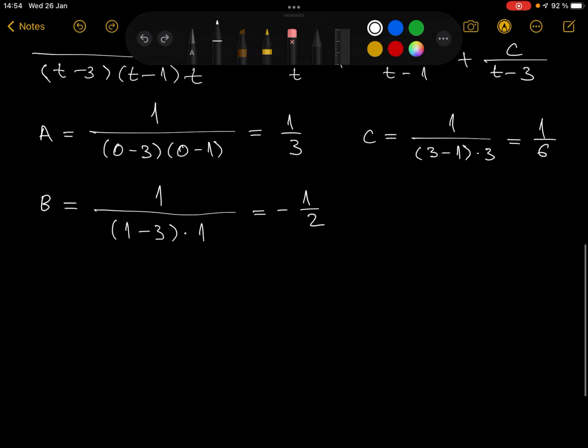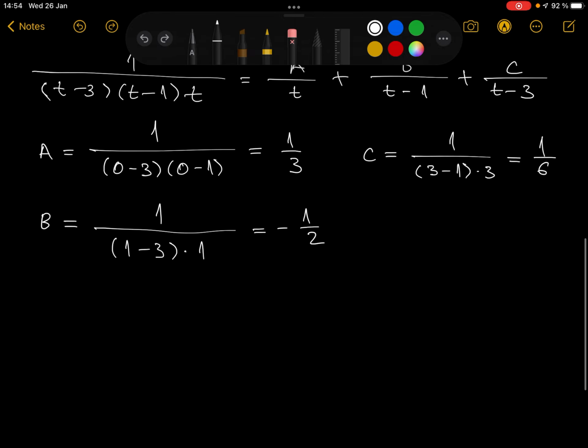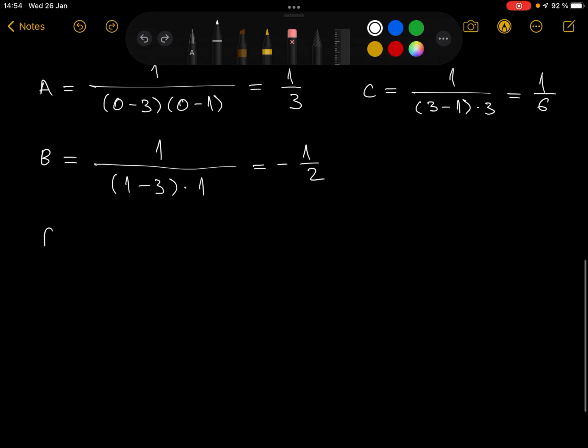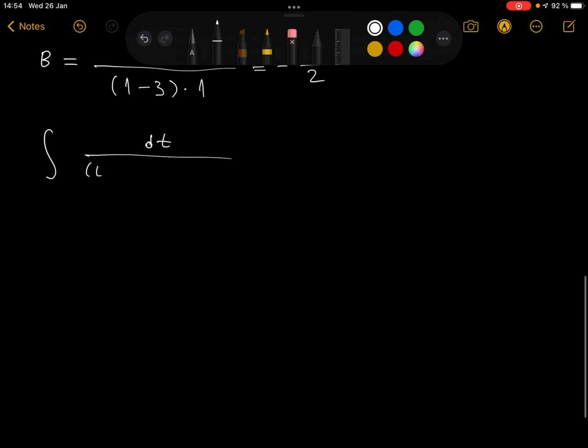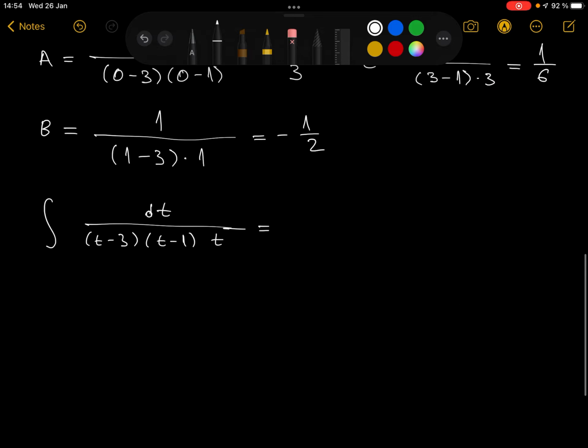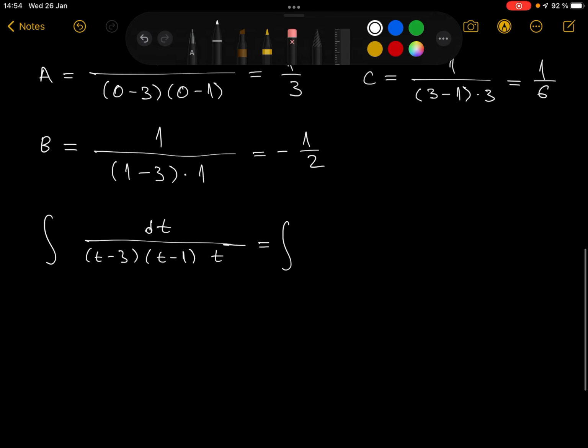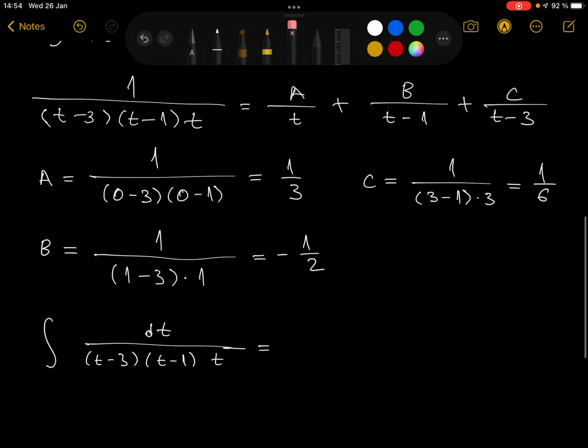Well, okay. So this here now means that we can rewrite our integral of dt over t minus 3 times t minus 1 times t as the integral, what do I have first?